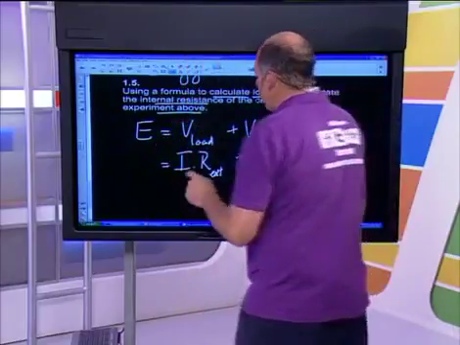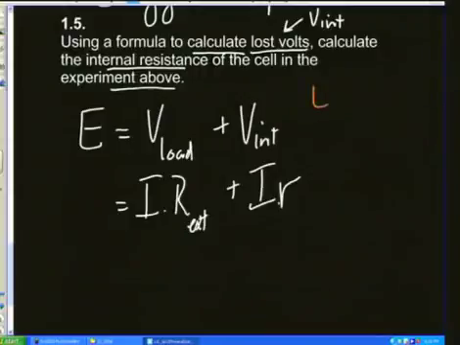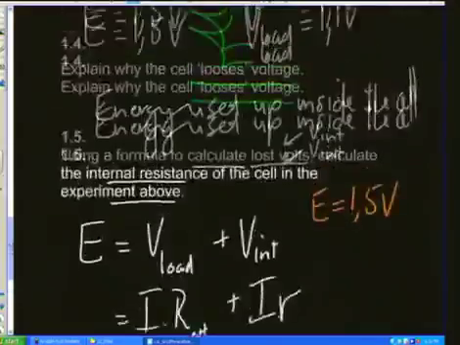Let's see what we know. I'm going to say that we know that E is 1,5, so there's no doubt about that. Then we've got to make some choices. We were given current and V load for both of those two circuits, and I'm just going to choose the easier one.